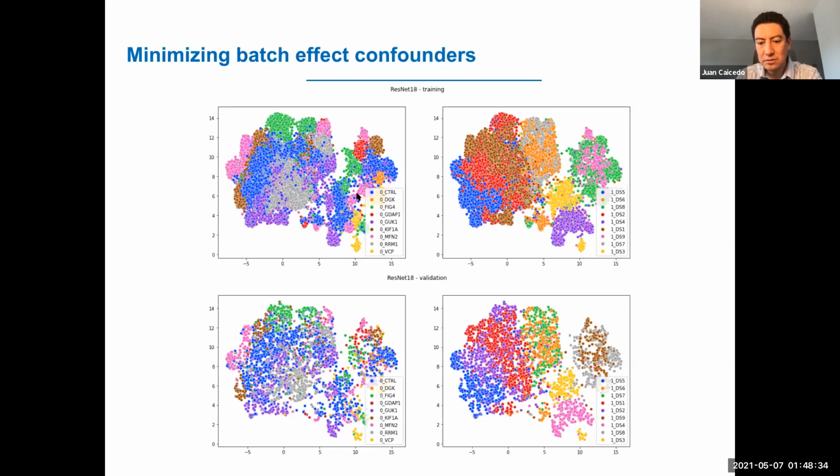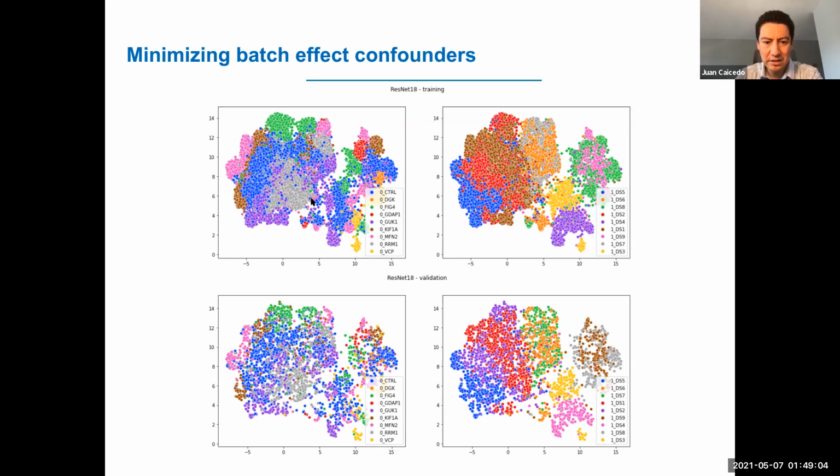Using that approach, we can correct batch effects. In this case, the top row has neural network learning features without batch correction, and the column on the right is indicating the batches, whereas the column on the left is indicating information without batch correction.